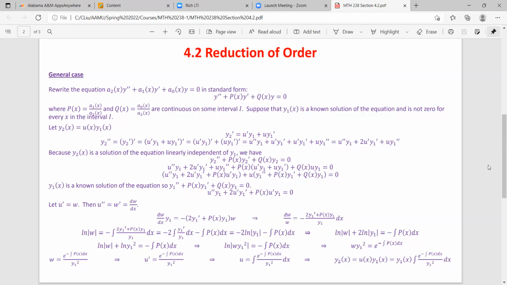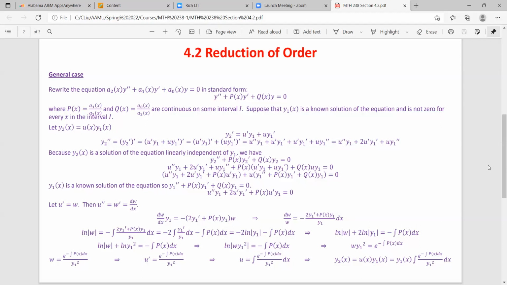And then we take the derivative of y2 prime to get y2 double prime. Again we have two terms, and we use the product rule on each. Namely, we take the derivative of u prime times y1 and the derivative of u times y1 prime.